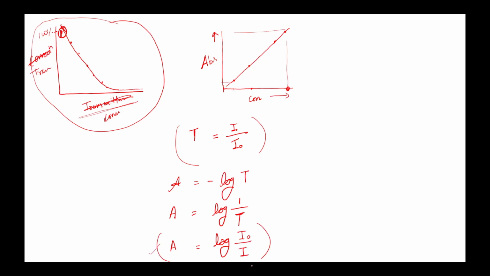And when we get this absorbance, we can calculate the concentration of the sample using the Beer-Lambert law, that is A is equal to ECL.